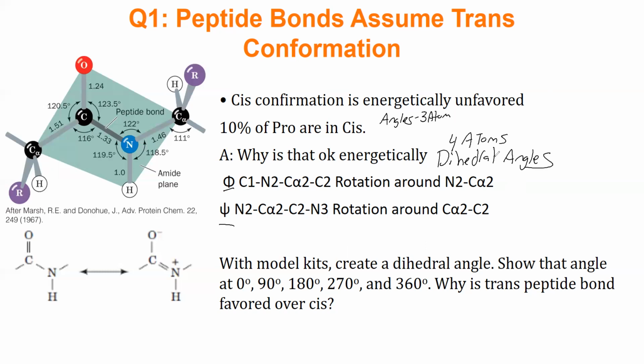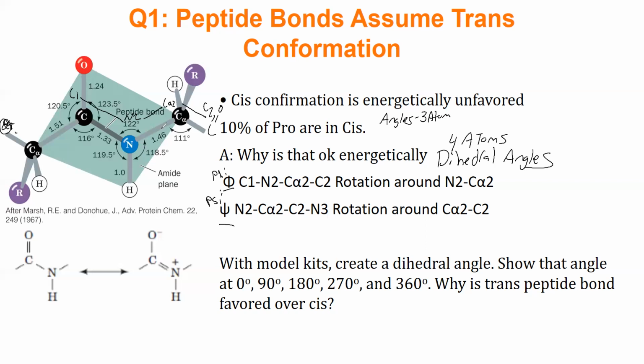A dihedral is 4. And so phi is carbonyl carbon 1 to nitrogen 2 to carbon alpha 2, and these numbers just mean residue numbers, to carbonyl carbon 2.